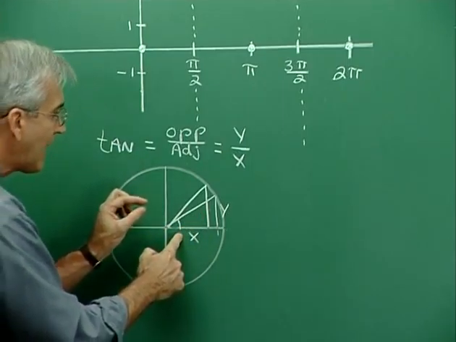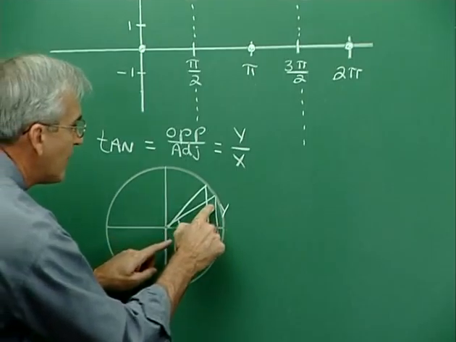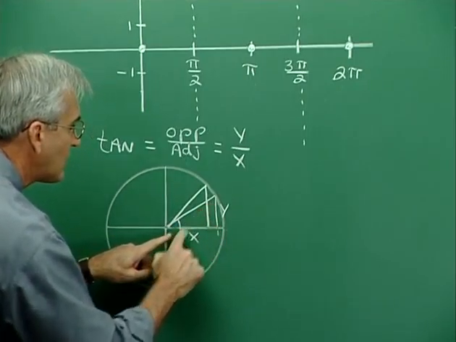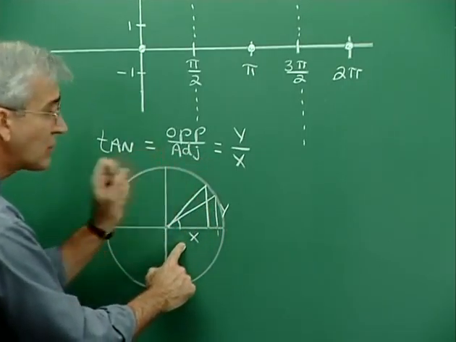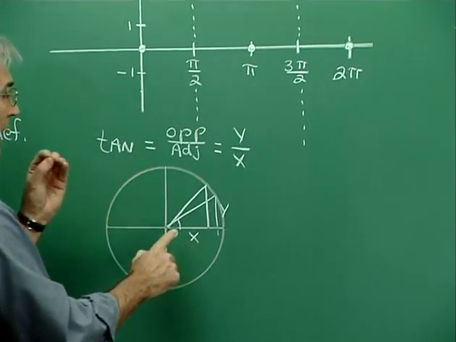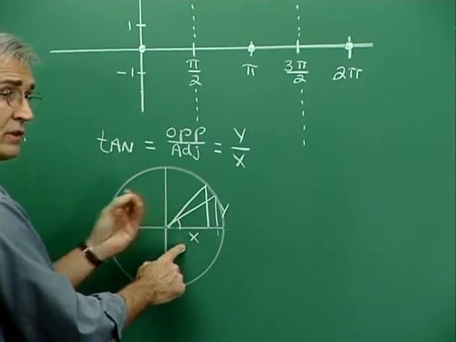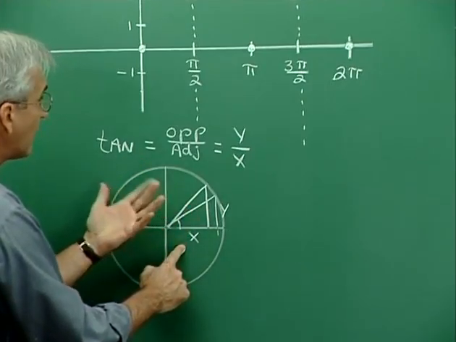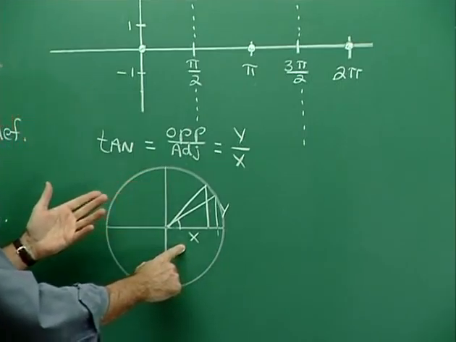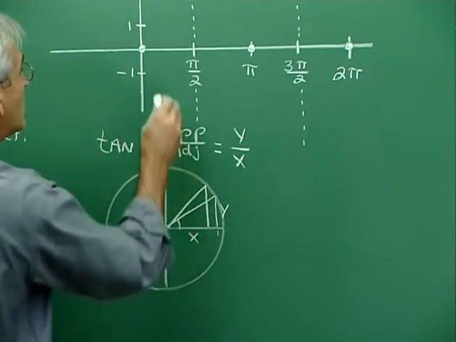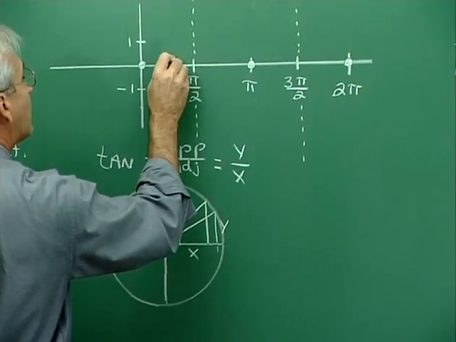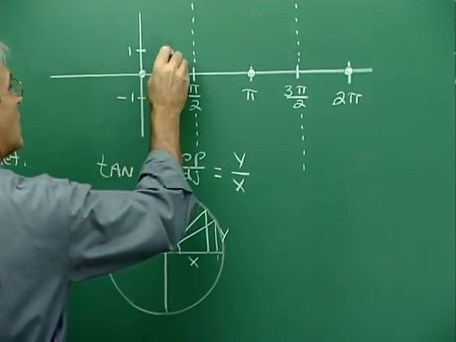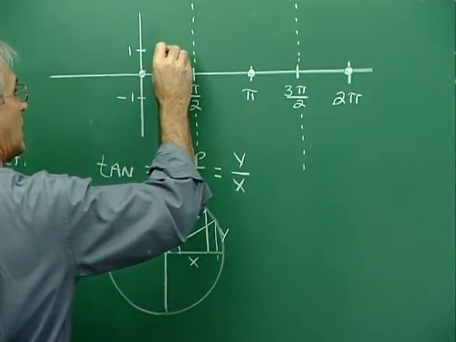You see, so we have some number for y, some number for x, they're exactly the same number, and therefore the fraction becomes 1. So at pi over 4, the tangent of x, the tangent of the real number we're talking about, or the angle, turns out to be 1. So somewhere right in the middle here at pi over 4, that's right there, we're up at 1.